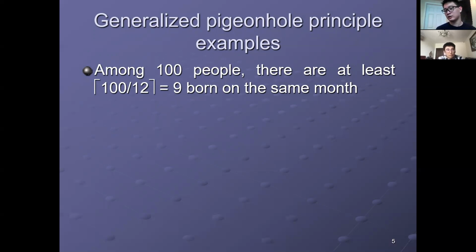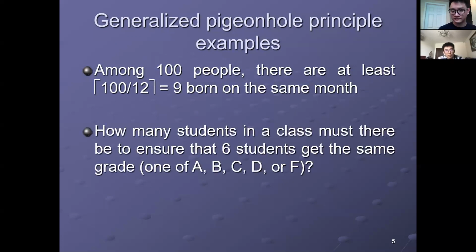Then how many people must be in December? 12, because otherwise you can't add up to 100. This contradicts our assumption, because we then have more than 8 people born in the same month. So this shows how the Pigeonhole Principle is always true.